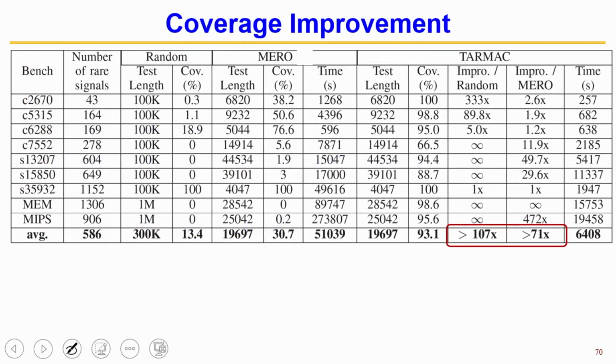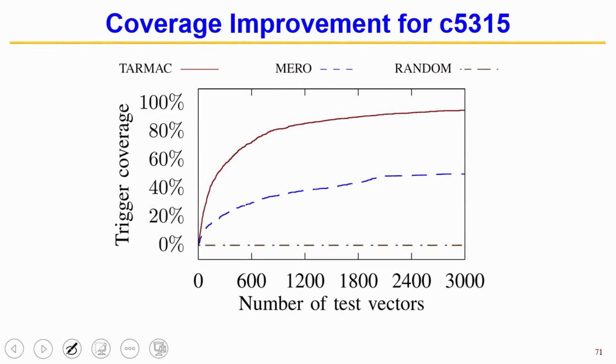When you show results, you still have to compare against the state of the art in terms of test length, coverage, and test generation time. Here is another visual: the number of test vectors keeps increasing, and you see the trigger coverage.